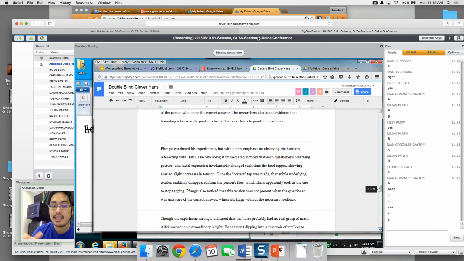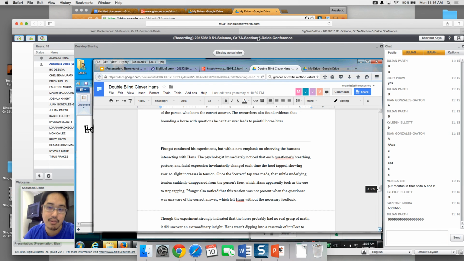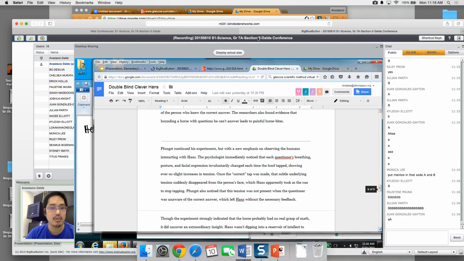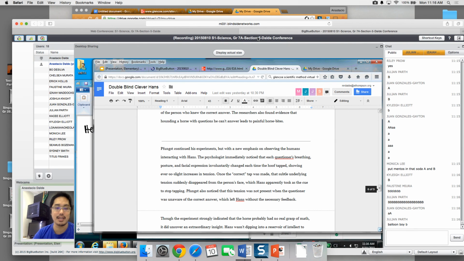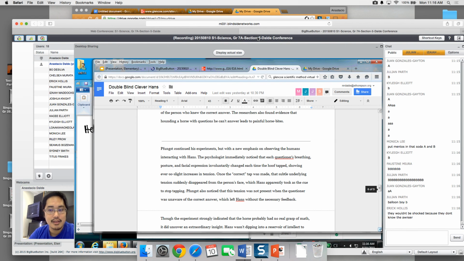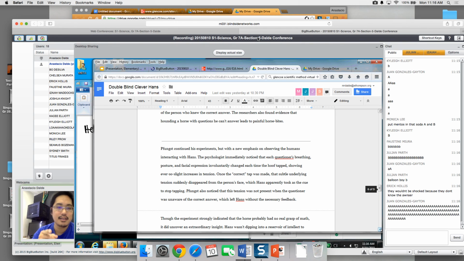Because a blind taste test would be you taking the labels off the bottle, so at least the person that the experiment is being done on doesn't know the answer. But a double-blind experiment is where both the person that the experiment is being done on and the person doing the experiment don't know the answer. So then there has to be somebody else who knows the answer.